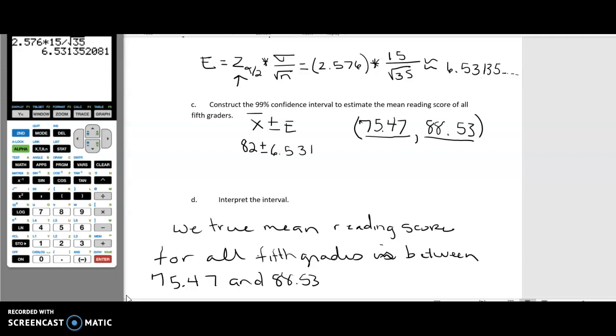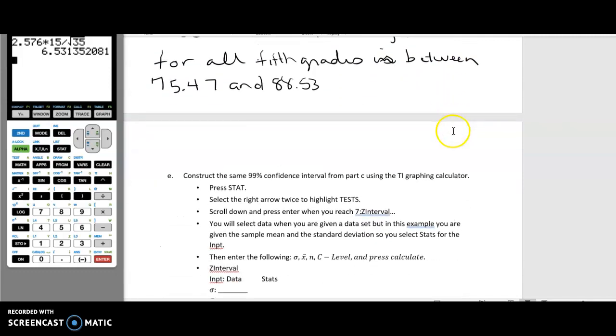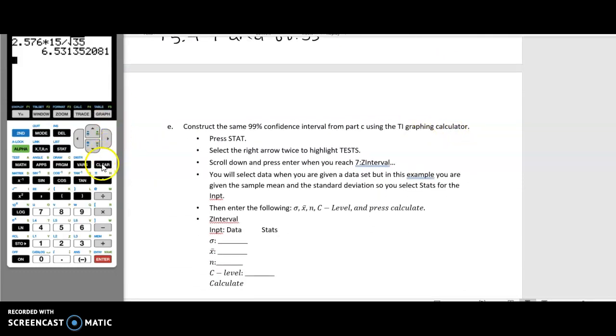And I forgot to write that we are 99% confident. So we are 99% confident the true mean reading score for all fifth graders is between 75.47 and 88.53. So let's look at how to do this in the calculator. So that was how to do it by hand.